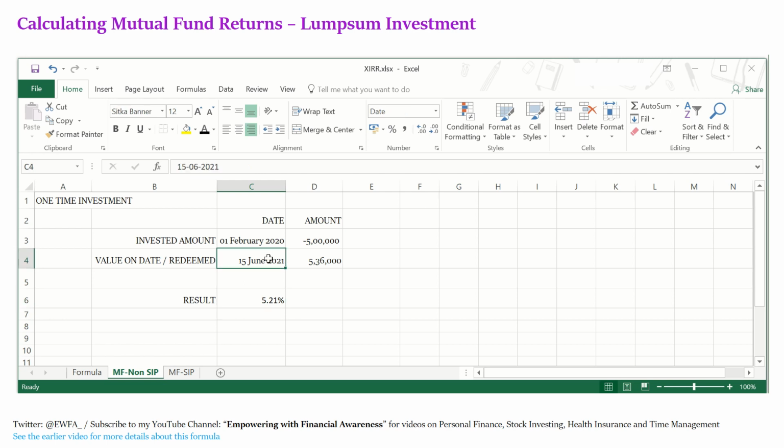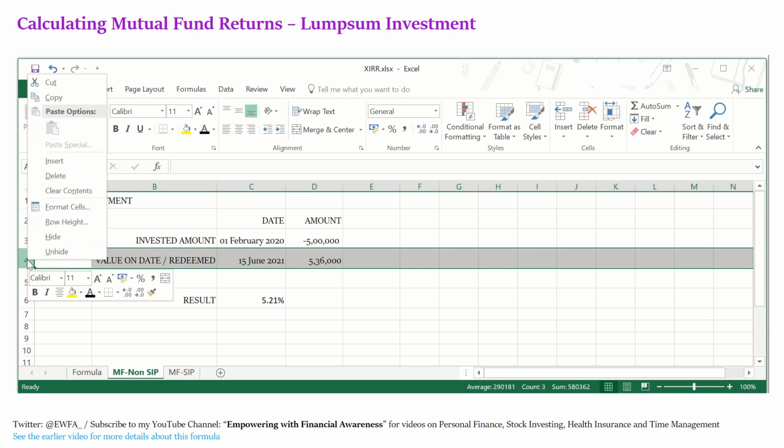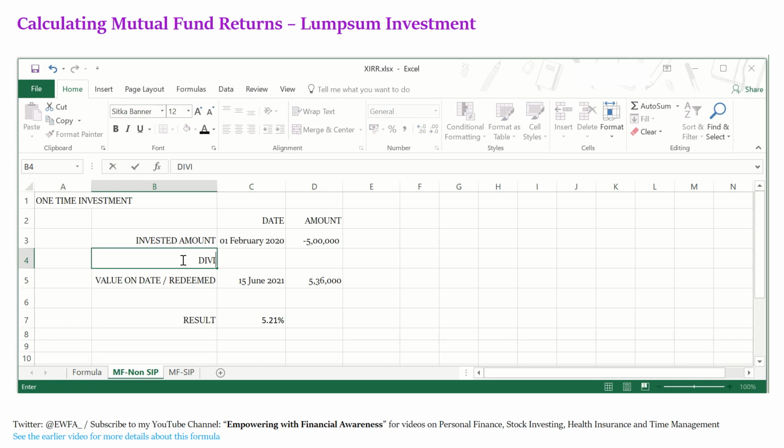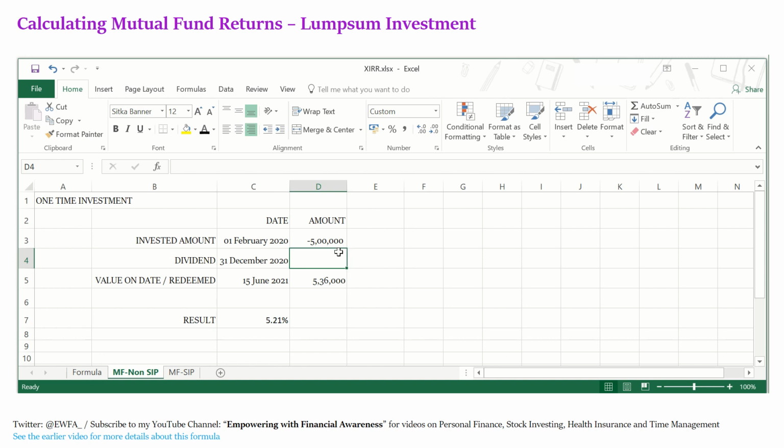Now the real beauty lies when there are more additional values in this transaction. Say in between you had received a dividend of say 6,000 rupees. So when I append it, maybe somewhere on 31st December you got 6,000 rupees.